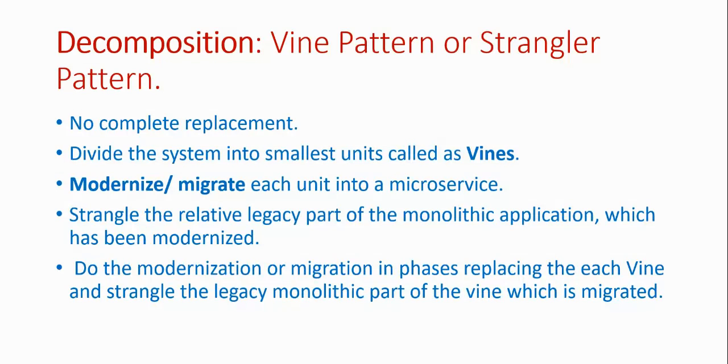This decomposition design pattern again, we can look at as the vine pattern or strangler pattern. Here we will be dividing the application into smaller vines. Once the migration of that specific functionality to microservices is done, then you will be strangulating that. So that's why we call this a strangler pattern.